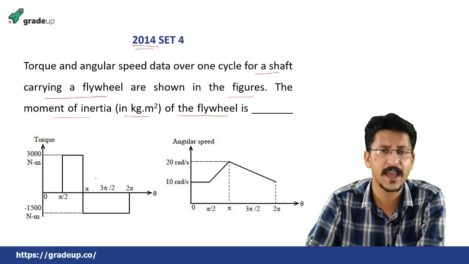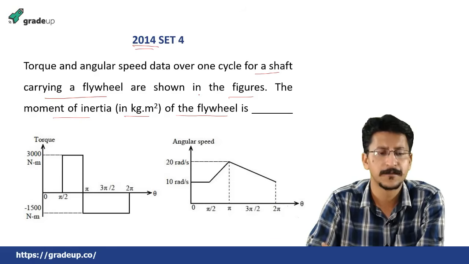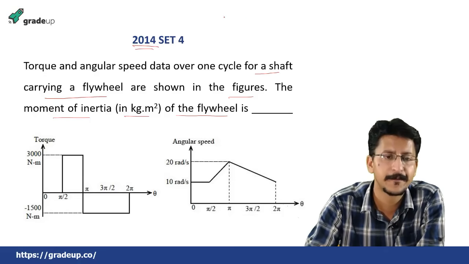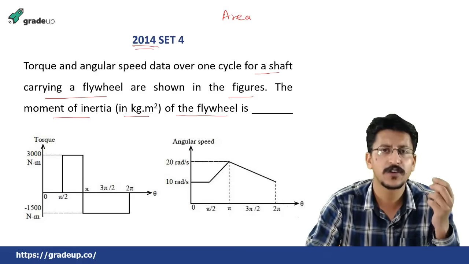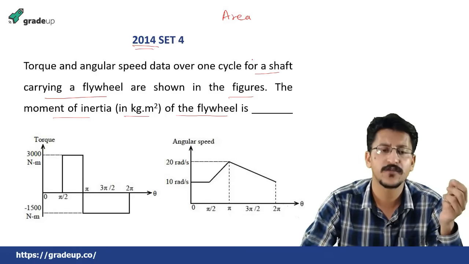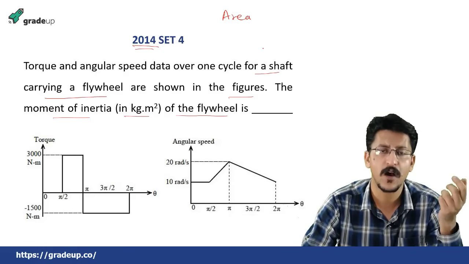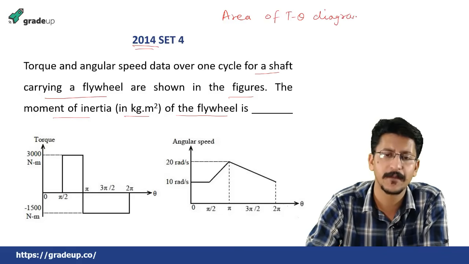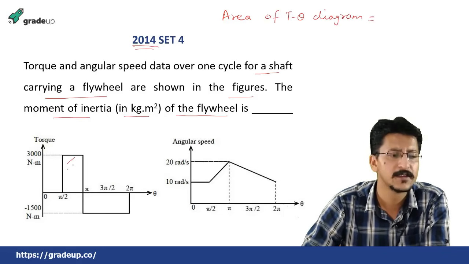From this diagram you need to find out many data. Then how you will do it? First of all, the cycle is given, it is 2 pi, but first of all you need to find out the T mean. How? The area of the T theta diagram in this case will be this area plus this area.